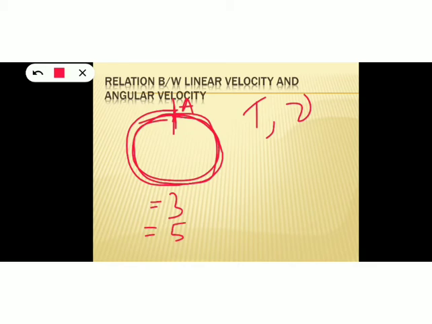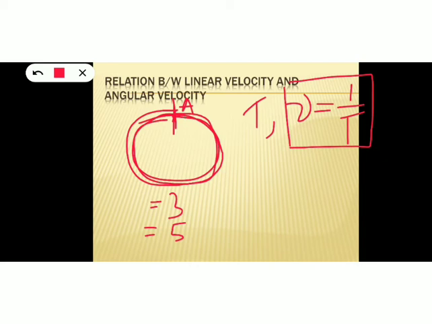So frequency nu means the number of revolutions made in 1 second. And frequency and time period are related using this expression: frequency nu is equal to 1 by time period T. That means frequency is the reciprocal of time period T.